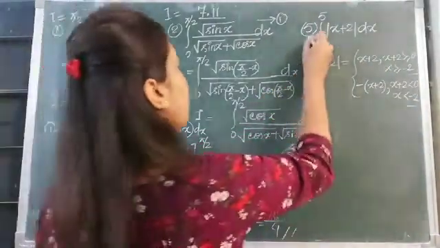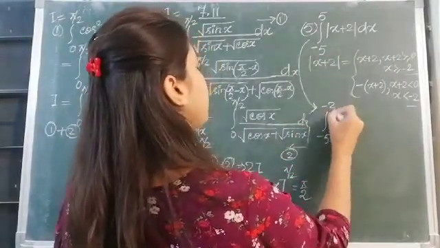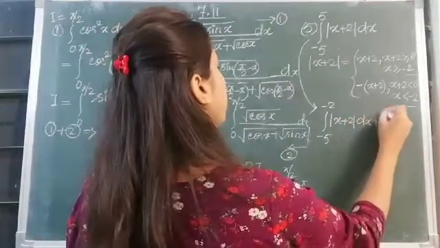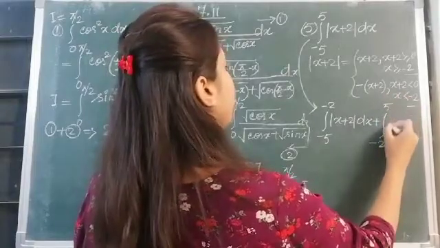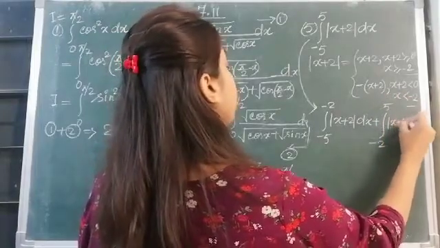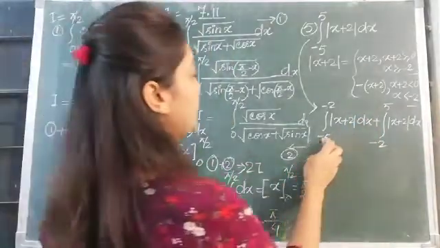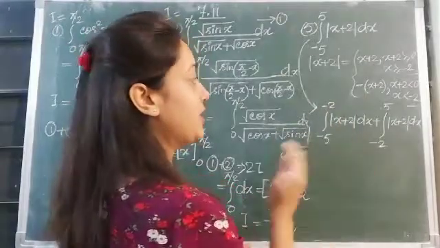So applying the property, the given integral will be equal to integral from minus 5 to minus 2 of modulus of x plus 2, plus integral from minus 2 to 5 of modulus of x plus 2. Now you substitute the values according to the limit, okay? Now here you see it lies within minus 5 and minus 2, that is less than minus 2.